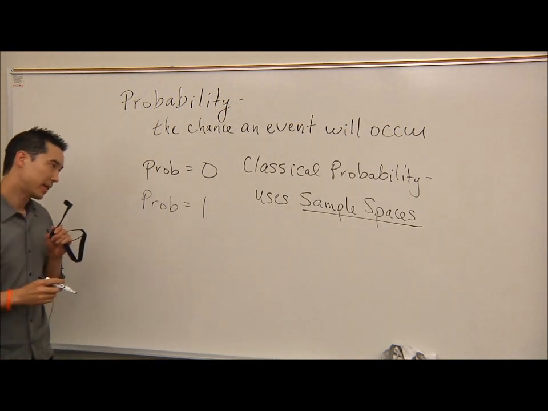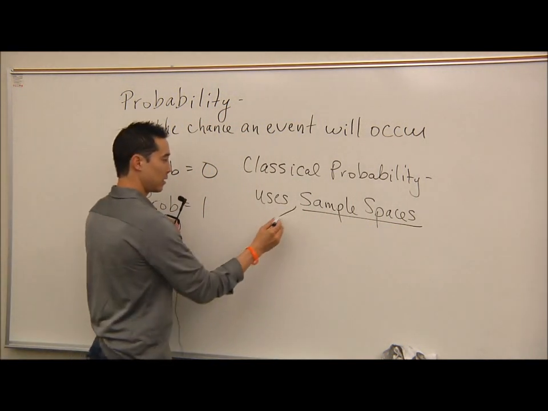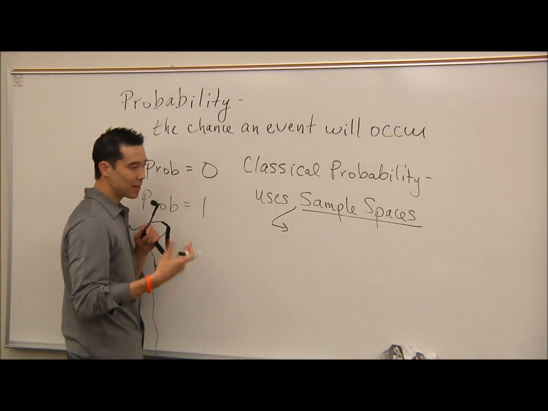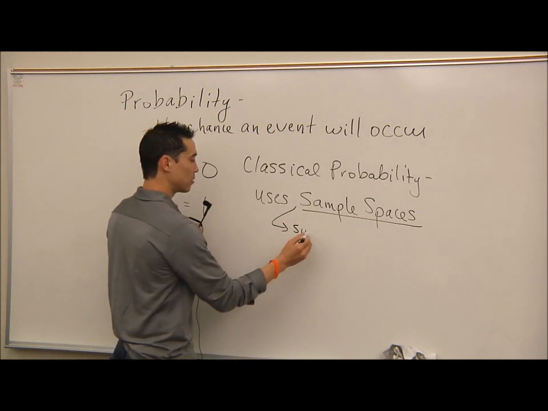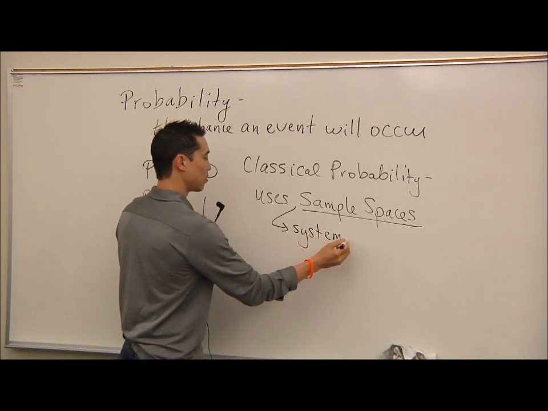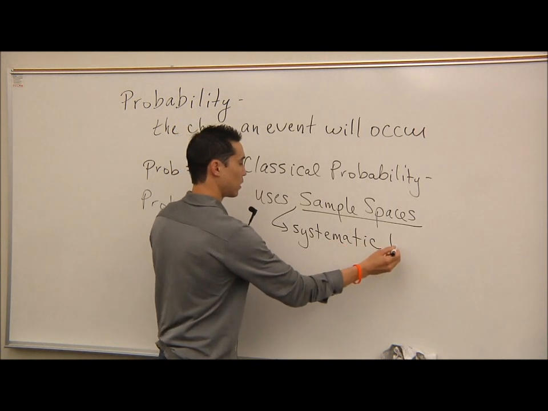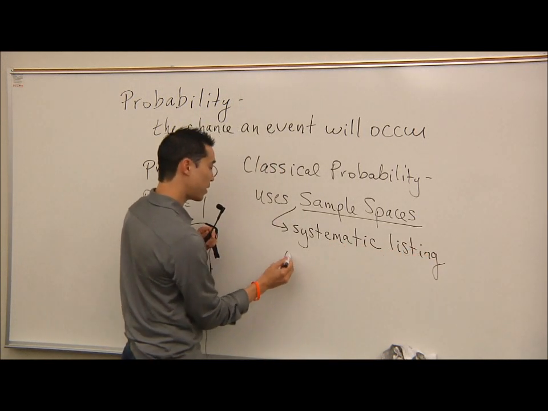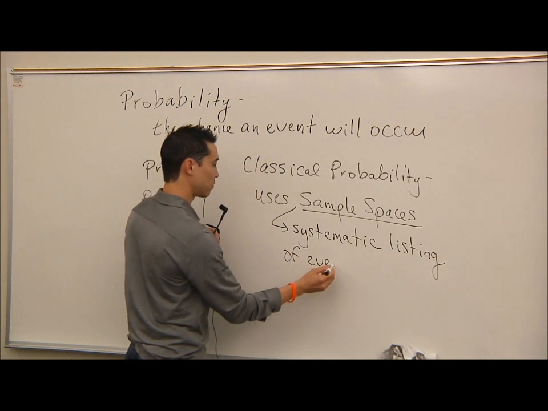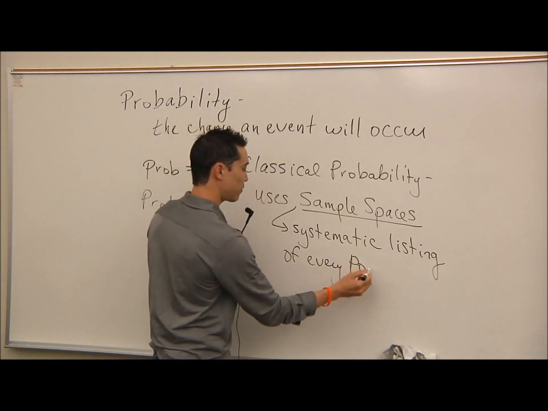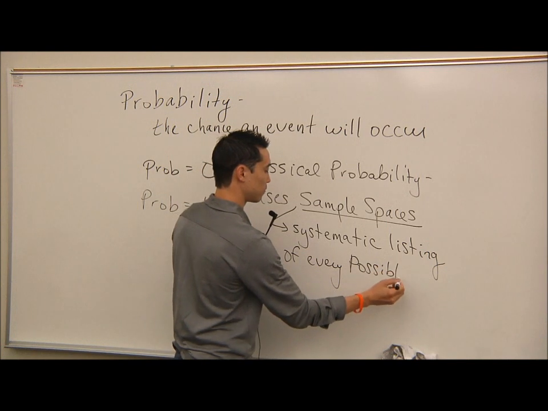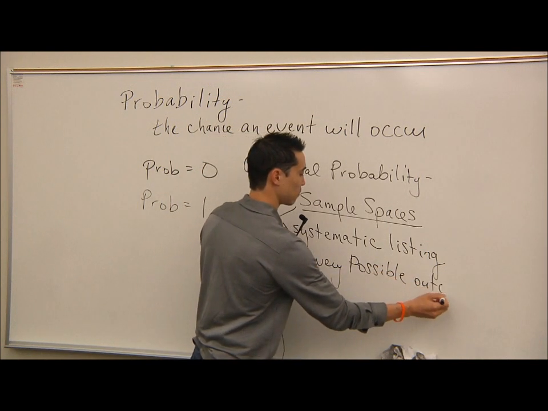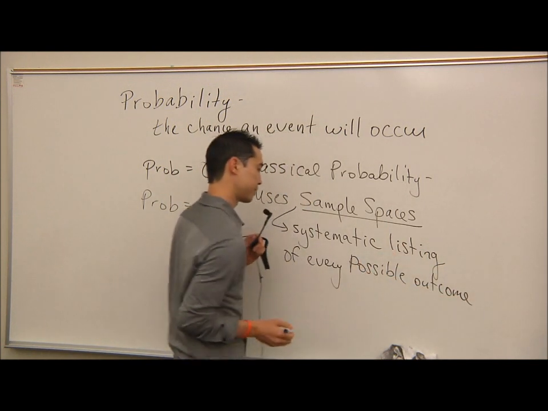And a sample space is a systematic listing of every possible outcome. Every possible outcome. Okay?